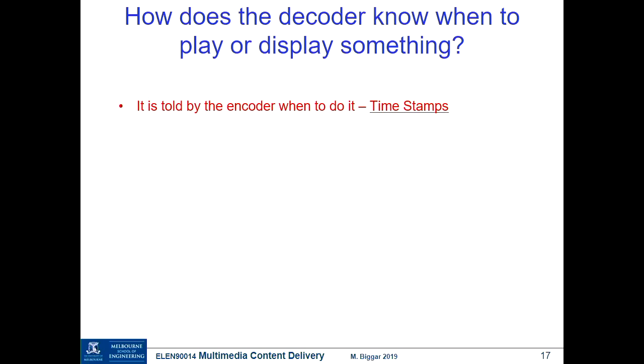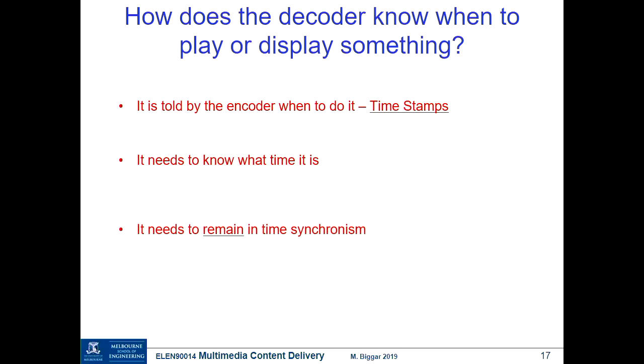So the answer is that we are told by the encoder when to do it. We actually use timestamps. So all the encoders do that. But we need to know what the actual time is.